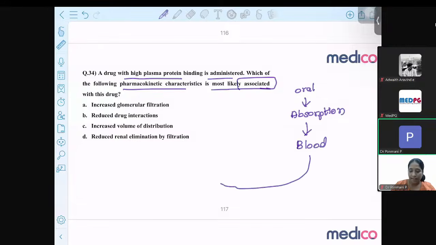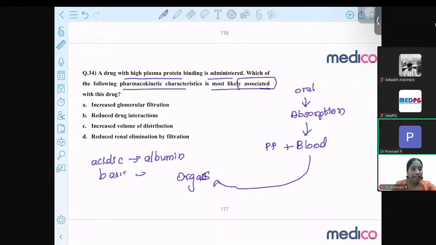From the blood, it can travel to your organs, or it can stay in the blood and combine with your plasma proteins. Your acidic drugs bind to albumin. Your basic drugs bind to alpha-1 glycoprotein.